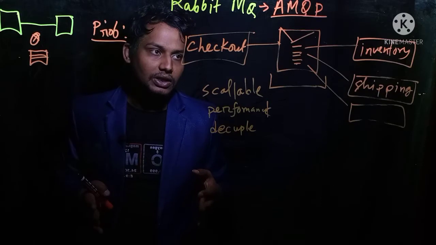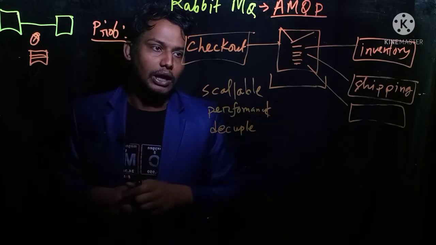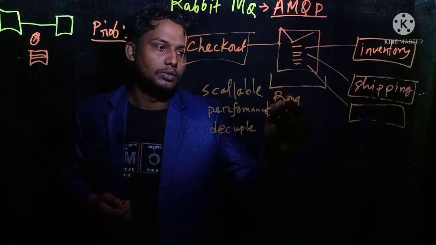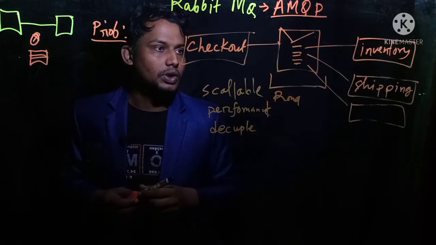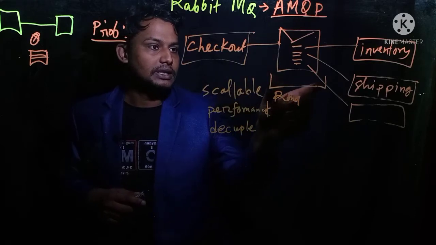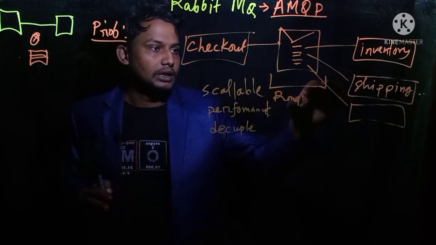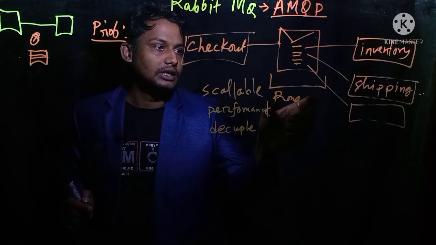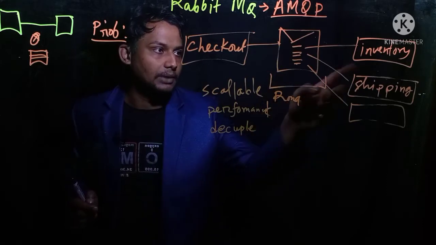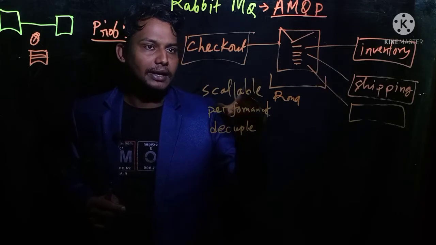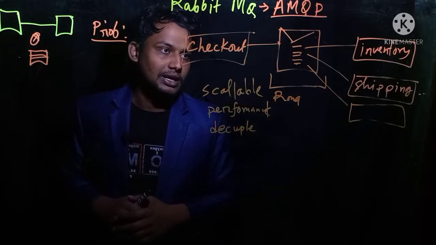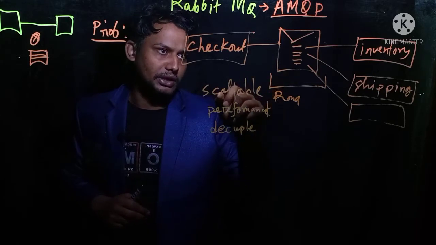So for that we need a message broker called RabbitMQ, right? So as you can see, it is a decentralized decoupling tool, as it decouples our services, and as it is not using our hardware resources, it is using its own resources.